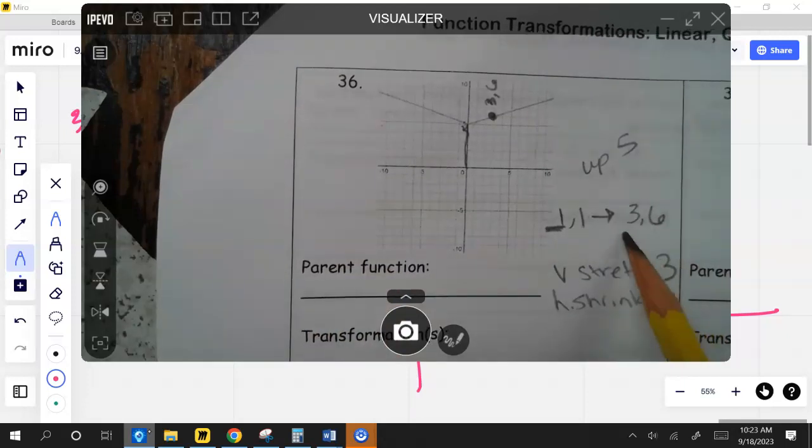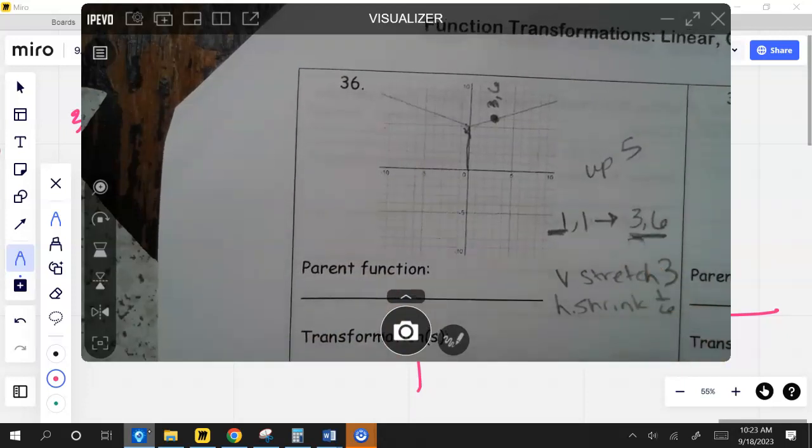The y did change though. It only changes the y. So if they both change, I can have both of them. Remember that one where it had both? What did I just say? Vertical change.